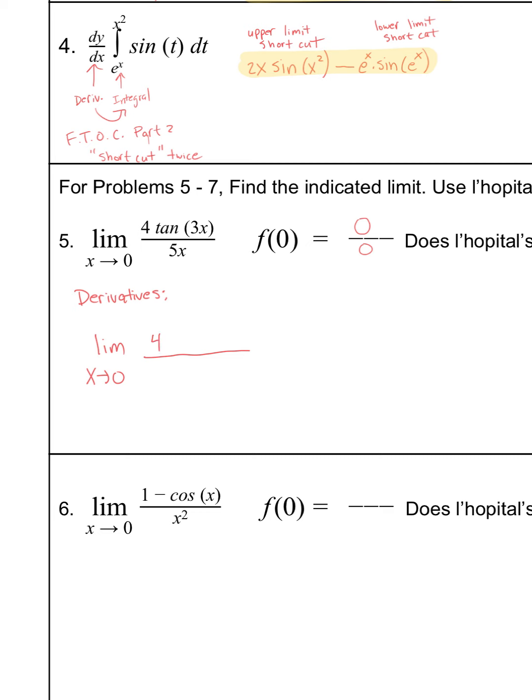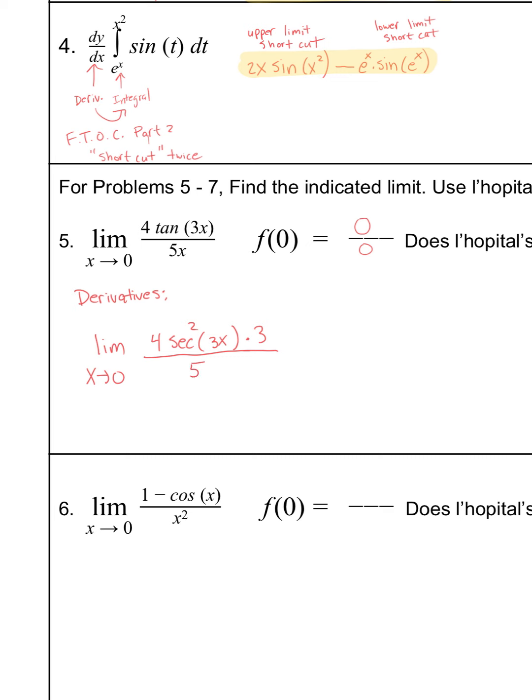The derivative of the outer function tangent, the derivative of the tangent is secant squared. So secant squared of something. The inner as is goes right there, 3x. And then, of course, the derivative of the inner, times 3. That's the derivative of the numerator. The derivative of the denominator, the derivative of 5x, is just 5.